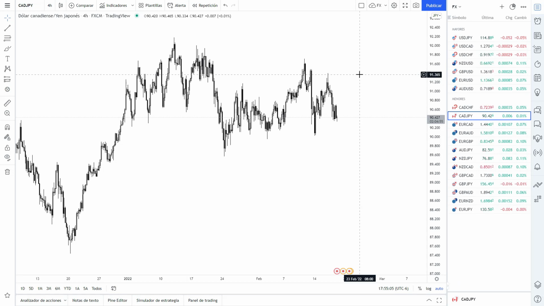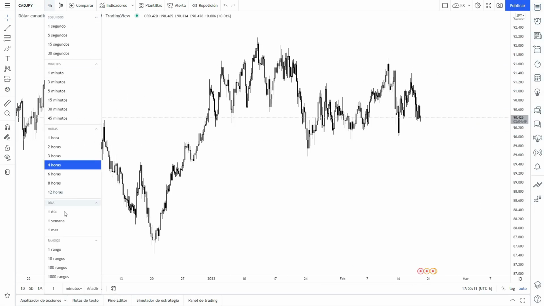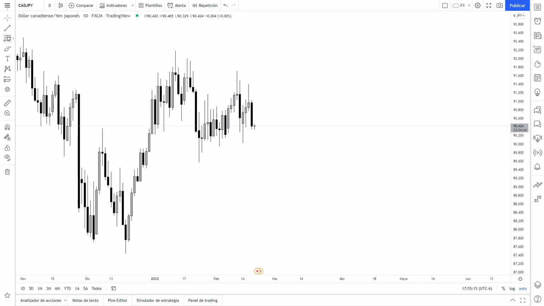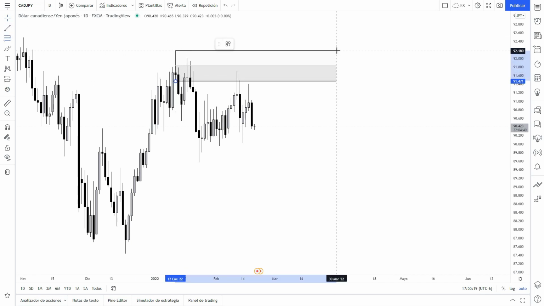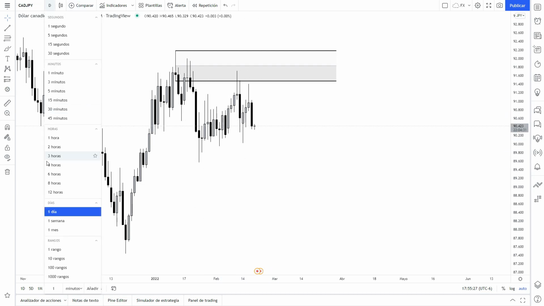Probably this will help. Basically, I start with my higher time frame bias. Most of the time I start with my daily time frame, and basically we have this supply level up there. See that this supply level had a beautiful rejection to the downside, and that's what I'm trying to see on my higher time frame.